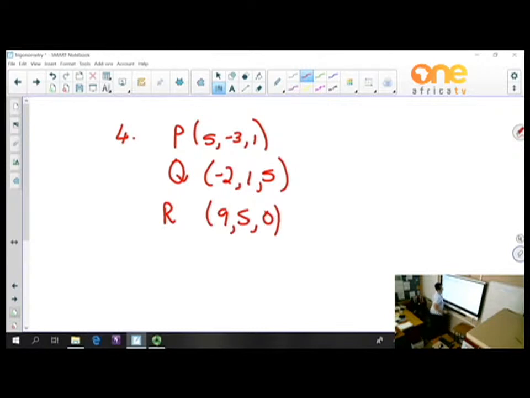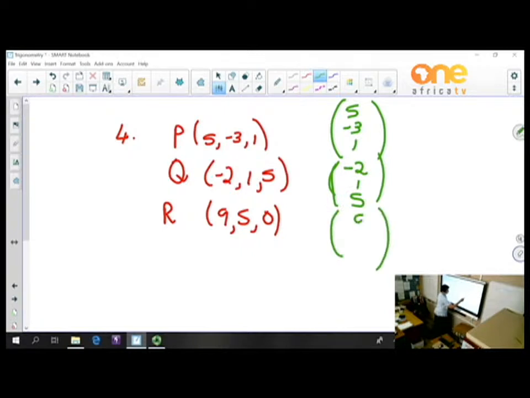So again, we can change from coordinates to column vectors, and you can change from column vectors to coordinates. That's also a question that they ask you sometimes. So this one as a column vector is -2, 1, 5, and this one as a column vector is 9, 5, 0.